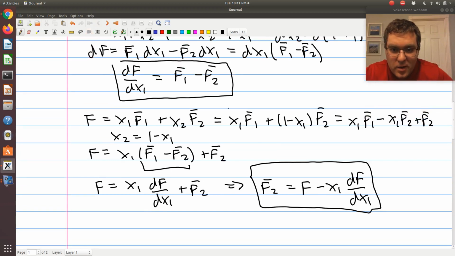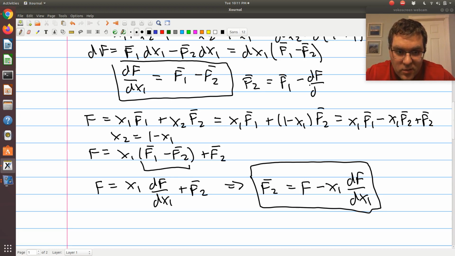If I come back here and look at this equation, I have that f bar 2 is equal to f bar 1 minus df dx1. So what I could do is, for f bar 2 down here, plug in f bar 1 minus df dx1.